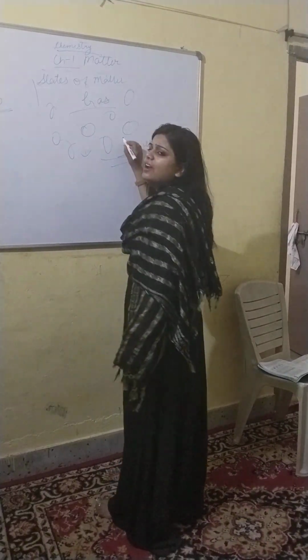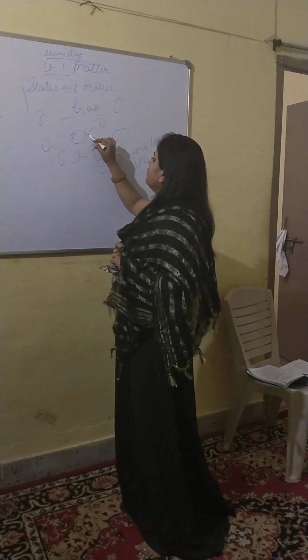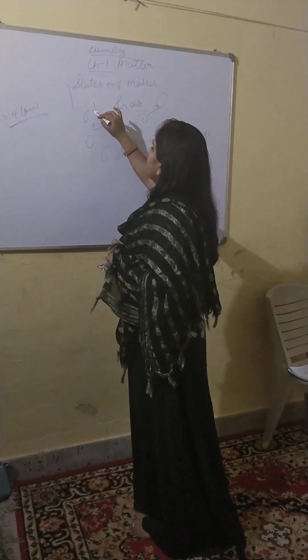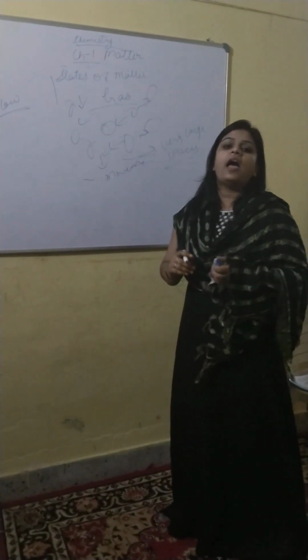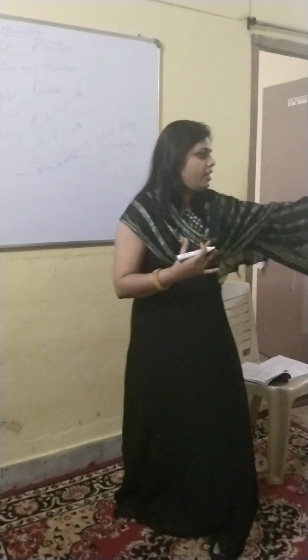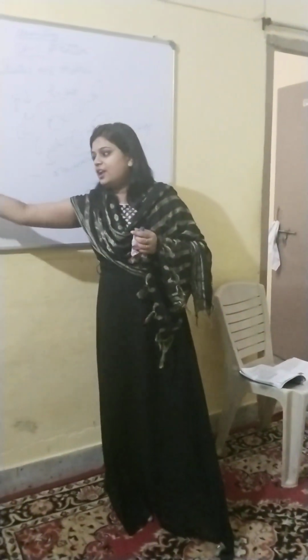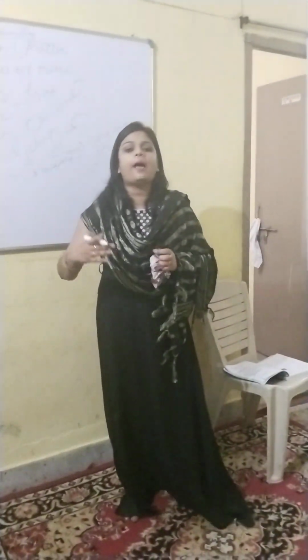So if they have large intermolecular spaces, how will the movement be? The movement will be very random. And the collision will be more. See, one molecule coming from this side, one molecule coming from that side, one from that side. They are not in a queue. So what will happen?